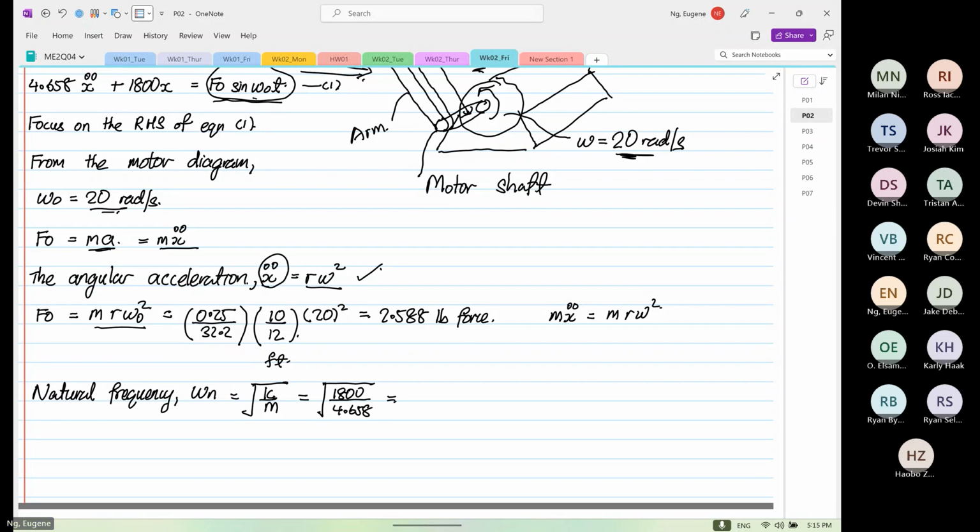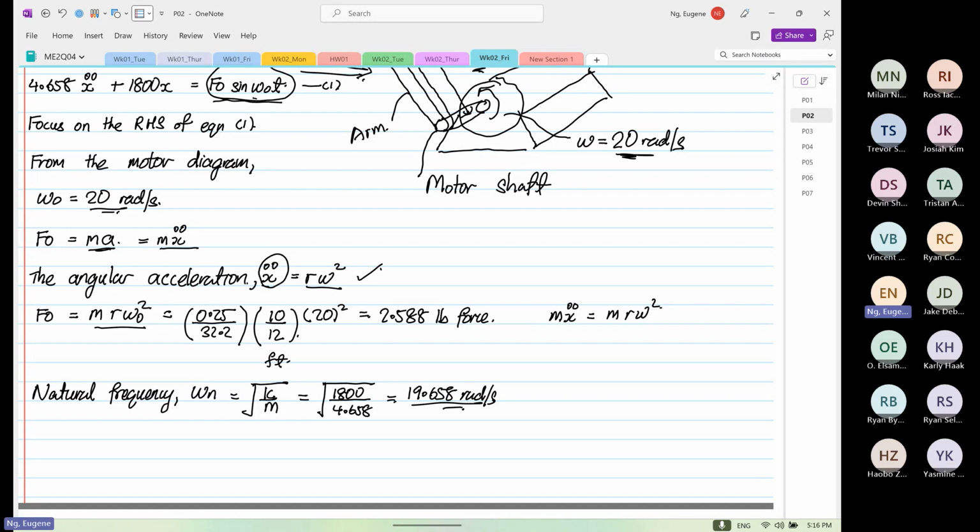Okay. So by calculator, square root of 1800 divided by 4.658 is equal to 19.658 radians per second. Okay, so we found our omega n.